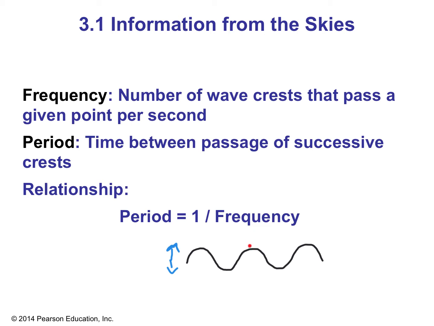In other words, if I've got a crest passing here, the cork would be at its maximum value. How long does it take for that maximum over here to travel and get to there? So the cork's going to go down and up, and then this guy has moved over here, and the cork's all the way up again. That is the period of time that it takes for that to happen. That's called the period of the wave.